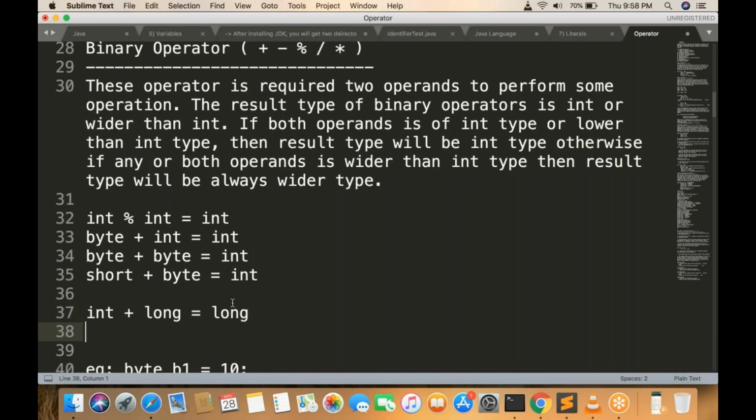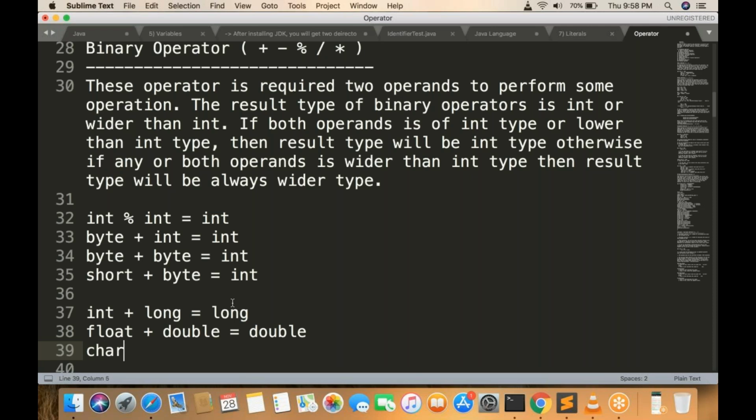If I have float plus double, what is the result type here? The wider type. Which one is wider? Double. Clear? Suppose you have char plus int, now tell me which type we will get?